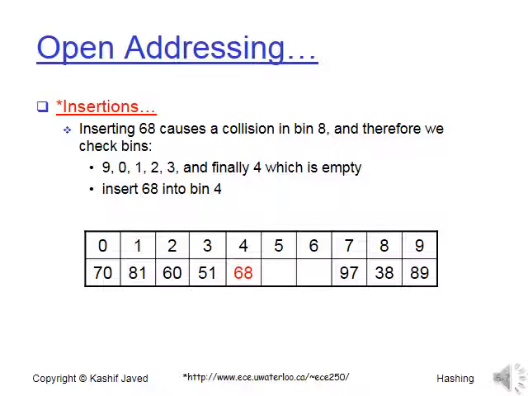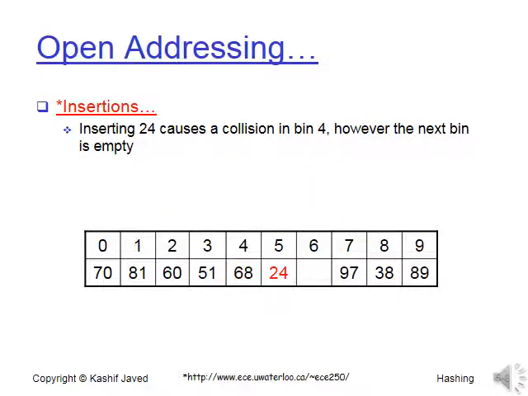Moving further forward to bin 1, which is taken by 81. Again moving forward to bin 2, which is taken by 60. Moving forward to bin 3, which is taken by 51. And finally moving forward to bin 4, which is empty. Thus we insert 68 into bin 4.